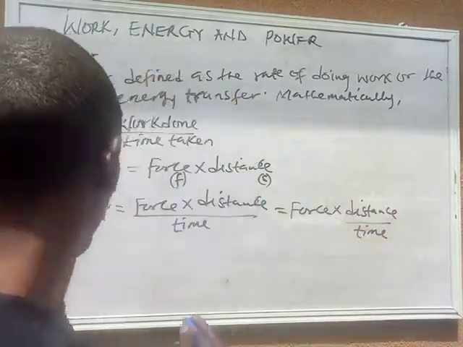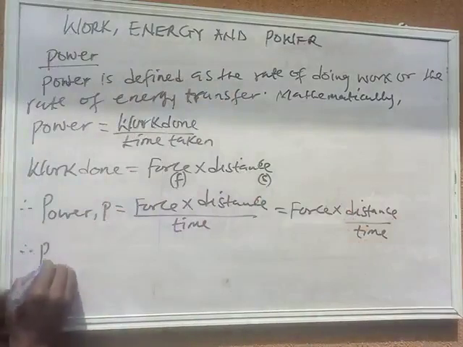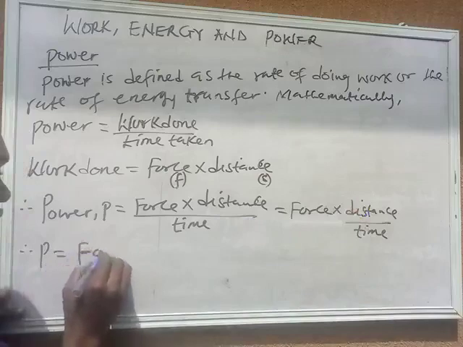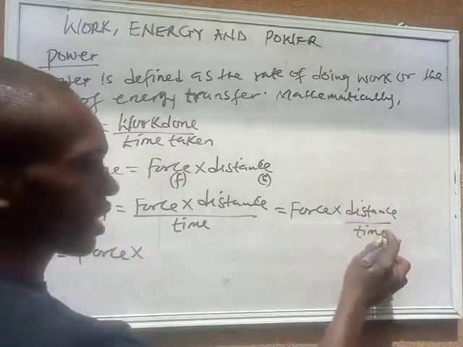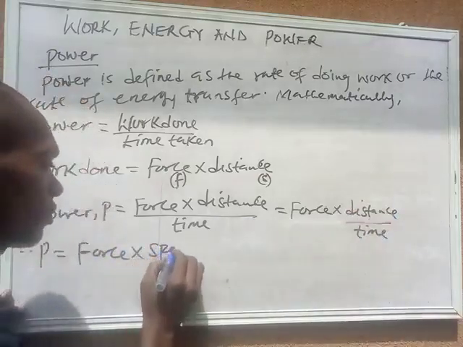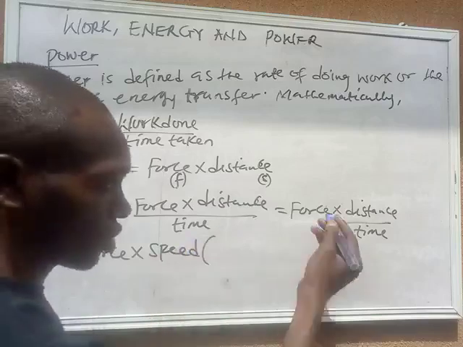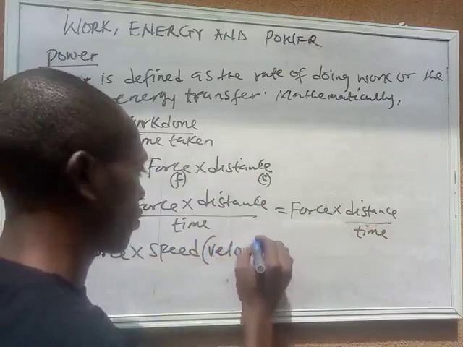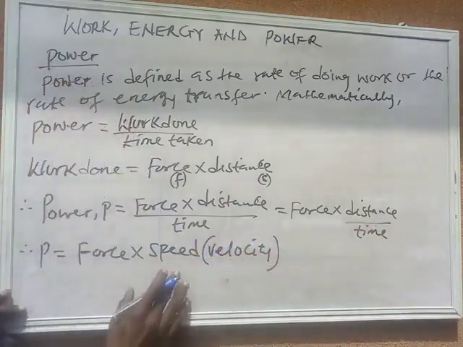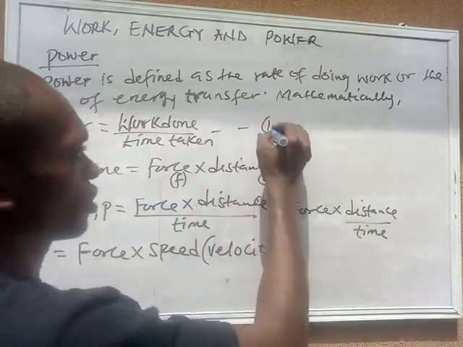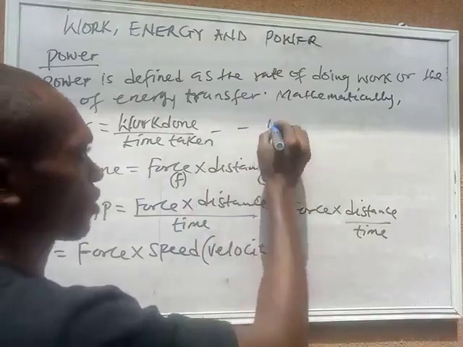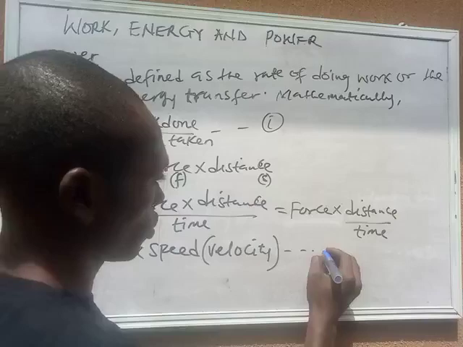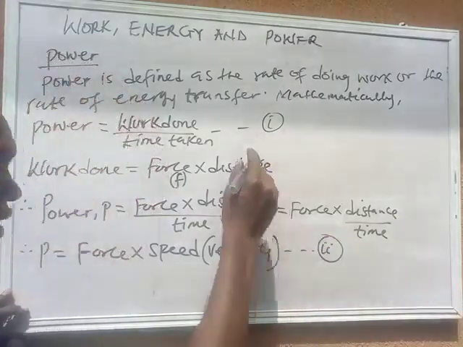So we can therefore say that power is also the same thing as force times speed. Sometimes it is used interchangeably with velocity. So this is also another formula. You can use this equation 1, you can also use this equation 2.